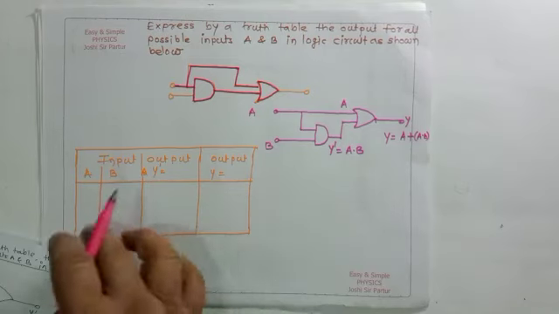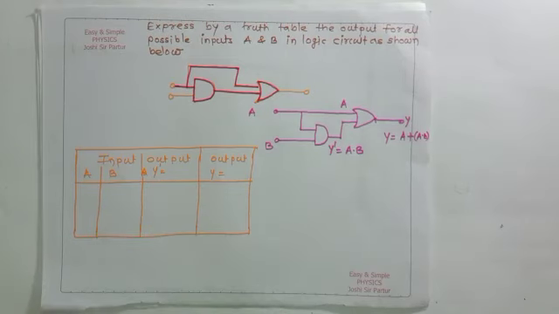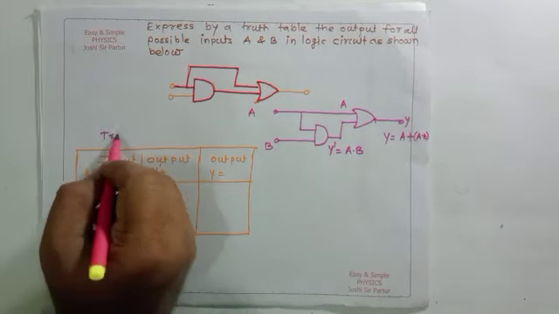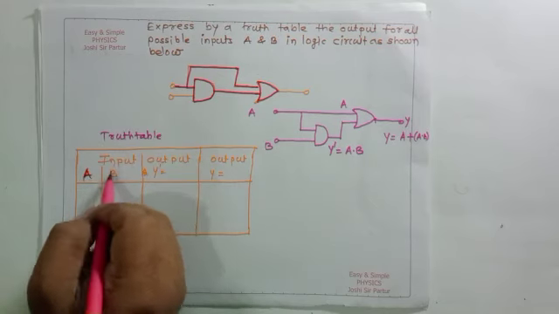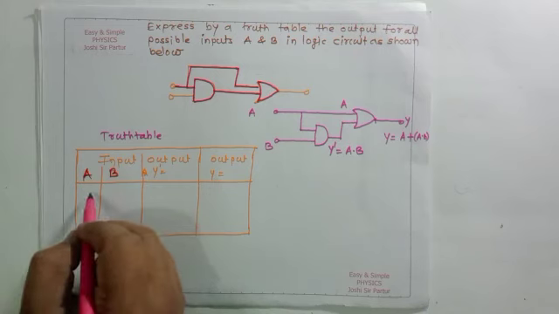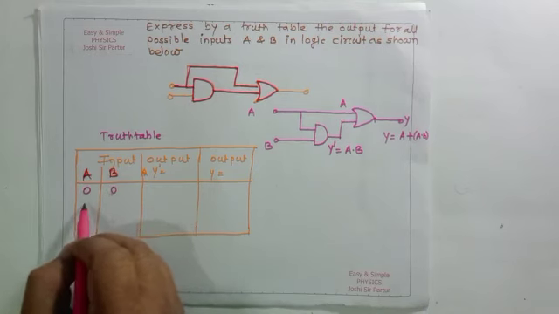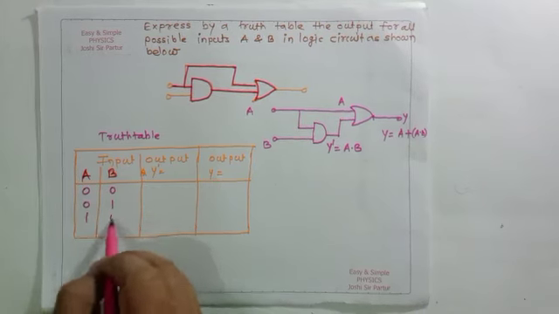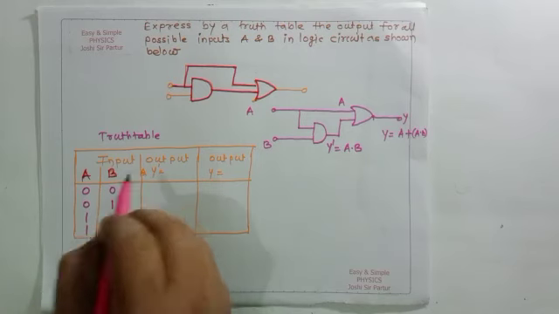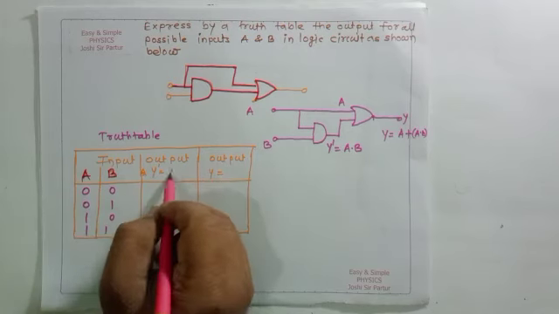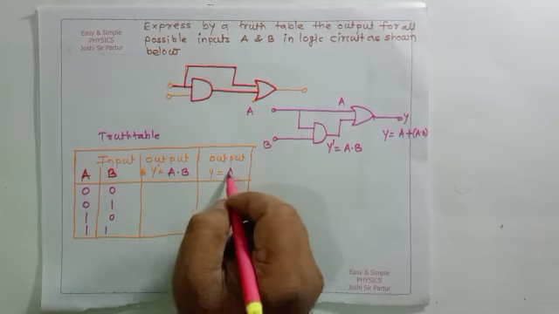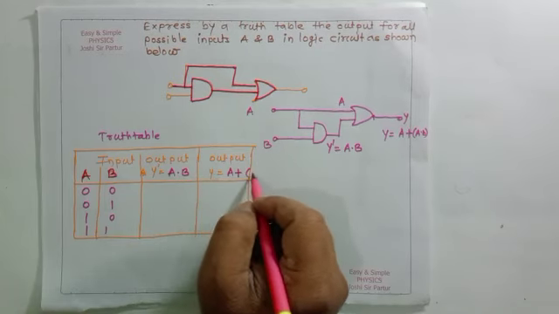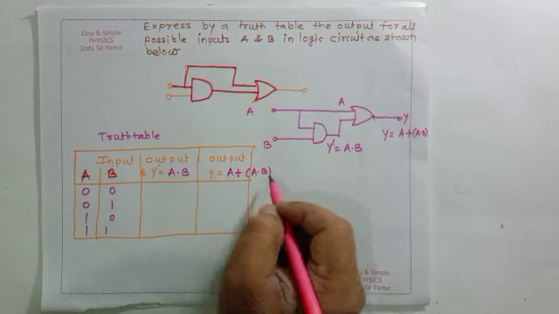Here we can verify by using a truth table. The truth table has two inputs A and B, having four possibilities: low low, low high, high low, high high. One output will be A and B, and another output will be A or (A and B).